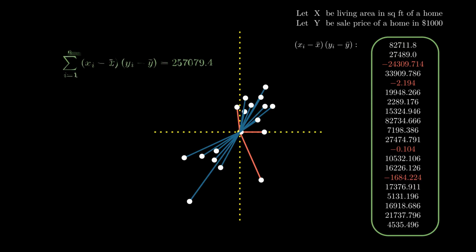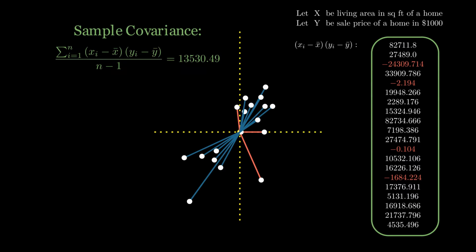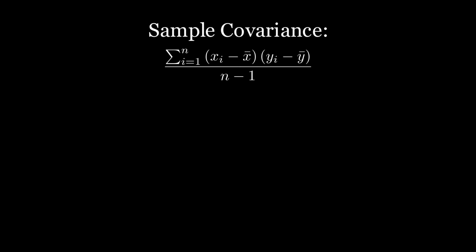Actually, since we have spent 1 degree of freedom calculating the mean values, we sum the products of deviations from the means and then divide by the number of observations minus 1 instead of dividing by the number of observations in our sample. This is how you calculate covariance from a sample that has n observations.